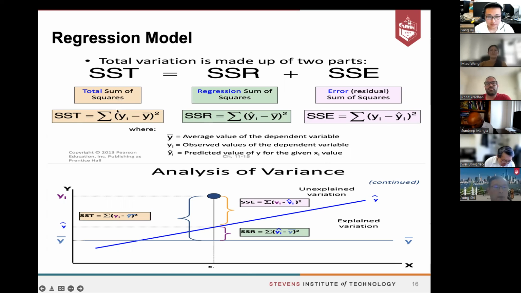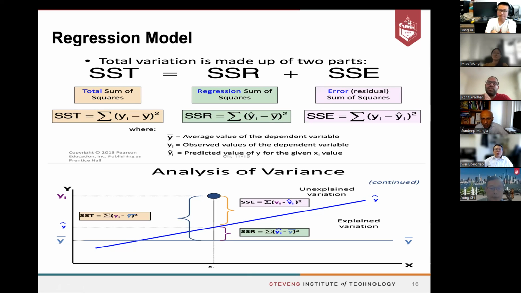The total sum of squares is the sum of (yi minus y bar) squared, where y is our dependent variable and y bar is its mean. yi is the observed values, which we have in our data, and yi hat is the model predicted value.